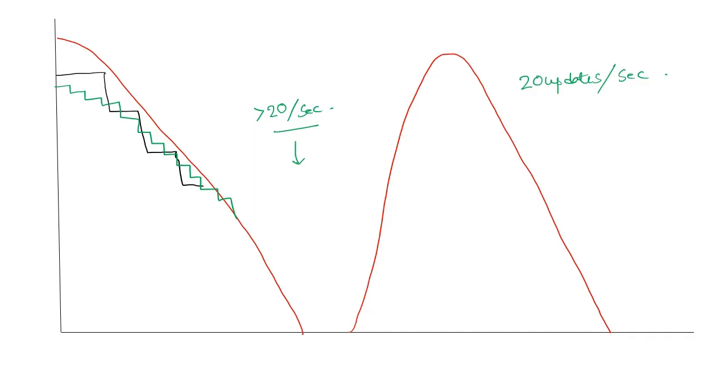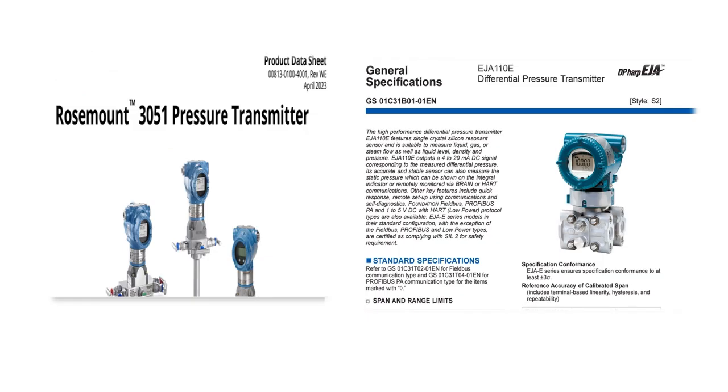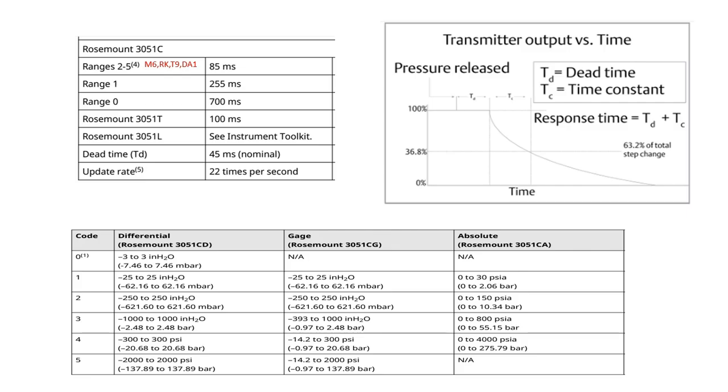Now let's look into some popular DP transmitter manuals, and what they have mentioned about the response time and update rate. We are considering two popular transmitters: one is the Rosemount 3051 and another is the Yokogawa EJA110E. If we see in the case of the Rosemount 3051C, these are the response times for the 4 to 20 milliampere HART transmitter, right?